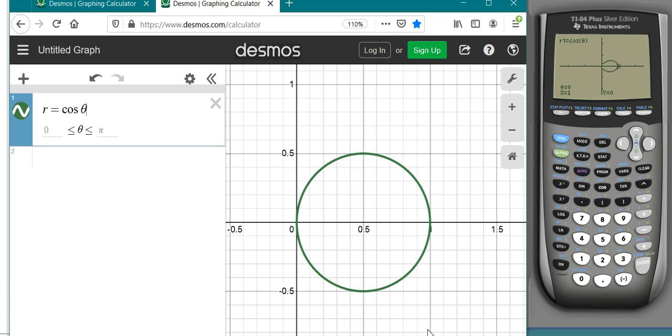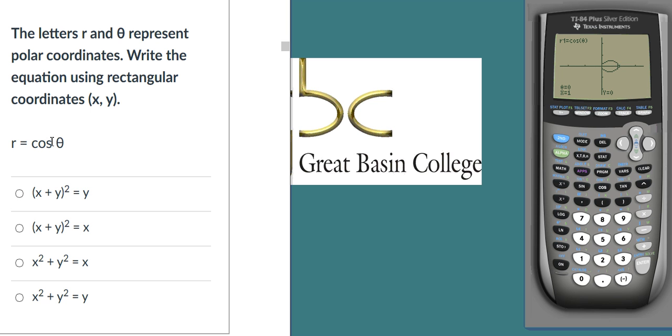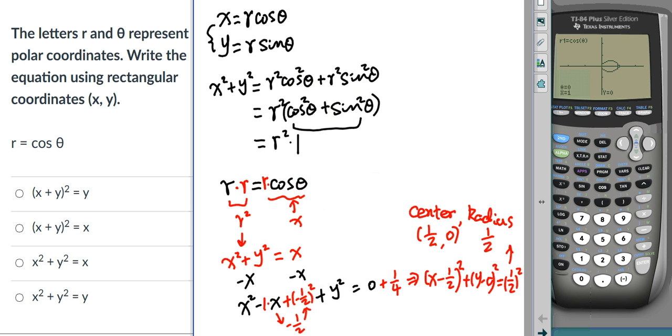And here, this exercise actually tells us that r equals cosine theta represents the equation of a circle. The rectangular equation for the circle is like this.